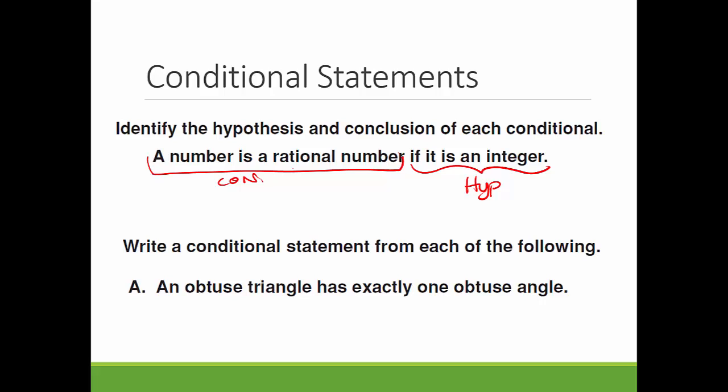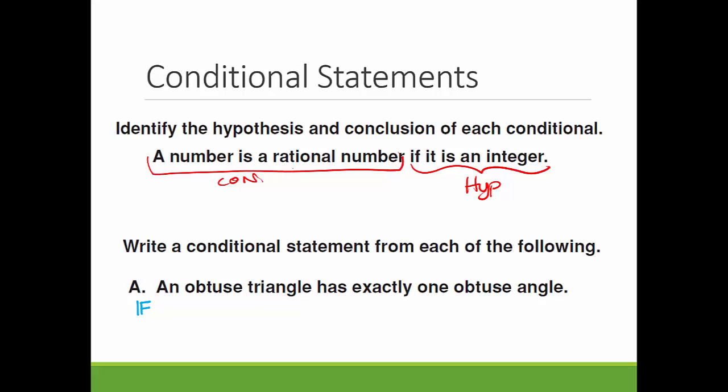And then other times you're going to have to write your conditional statement. And we always like to write our conditional statements with an if-then, just to make it easier on the reader. So write a conditional statement from an obtuse triangle has exactly one obtuse angle. So start with if.